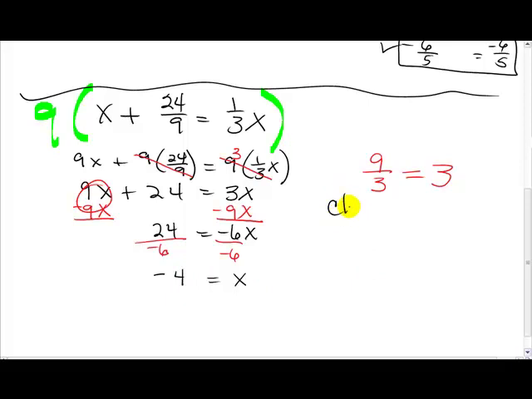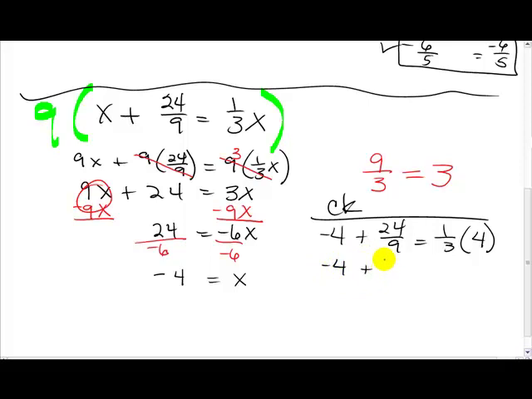Then let's come over here and check this. We've got negative 4 plus 24/9 equals 1/3 times 4. So, negative 4 plus 24/9.